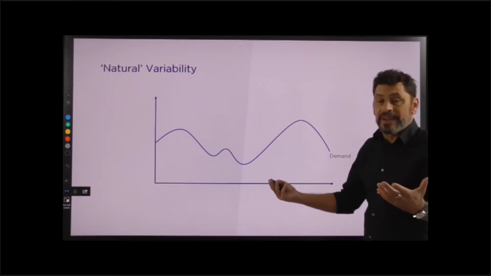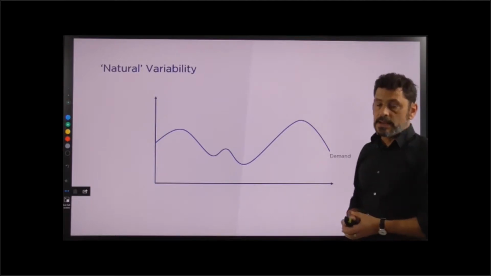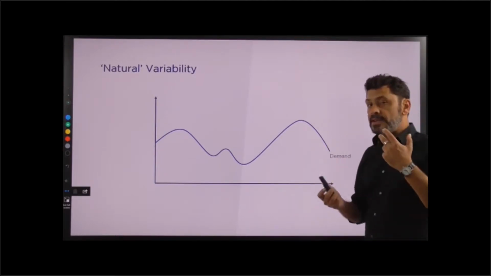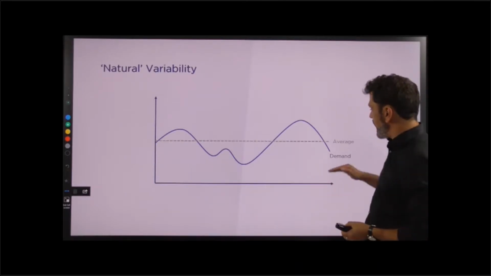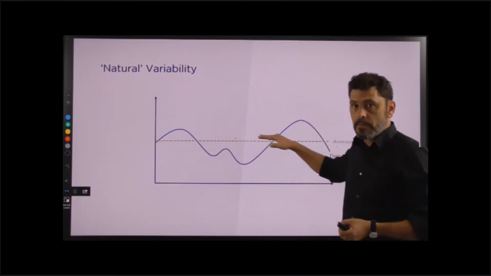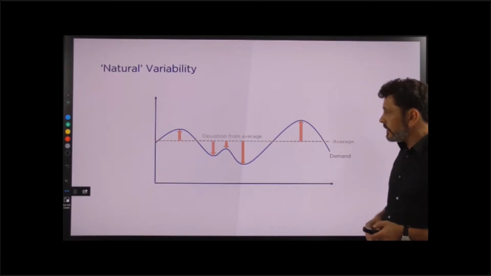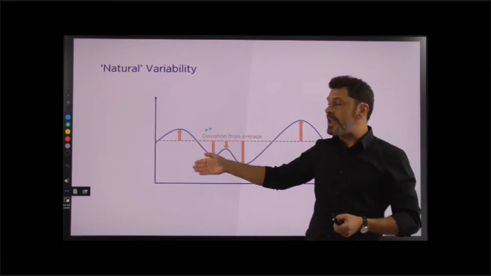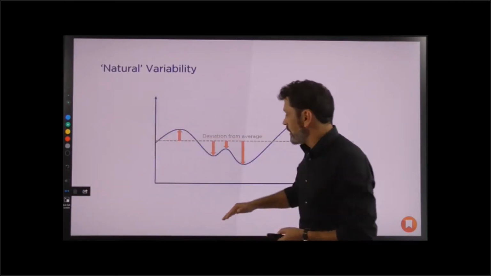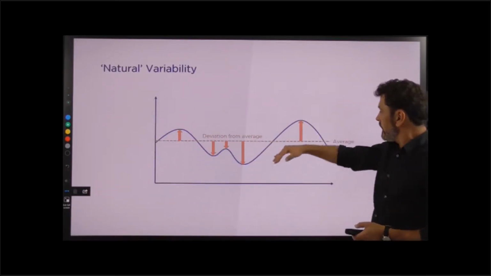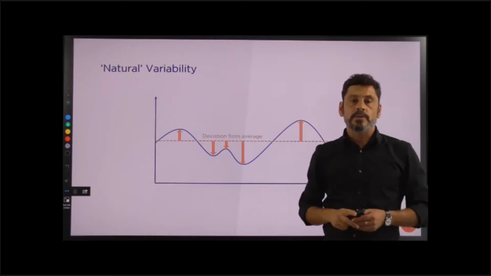Not a lot you can do about it, it's just the way it is. How can we then have some insight in what the variability actually is? Well, we get to that thing as the average. You have an average demand. And then the other thing that you can look at is that deviation from the average. Yes. So how much does this demand fluctuate around that average?